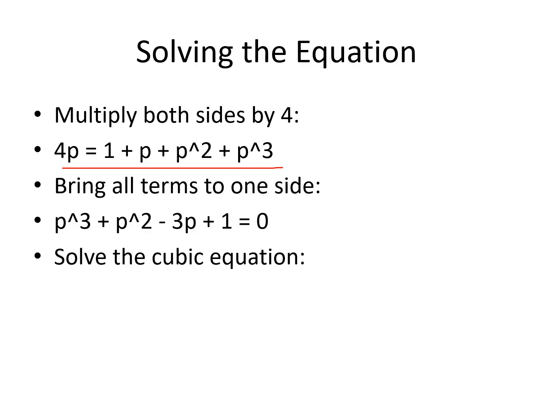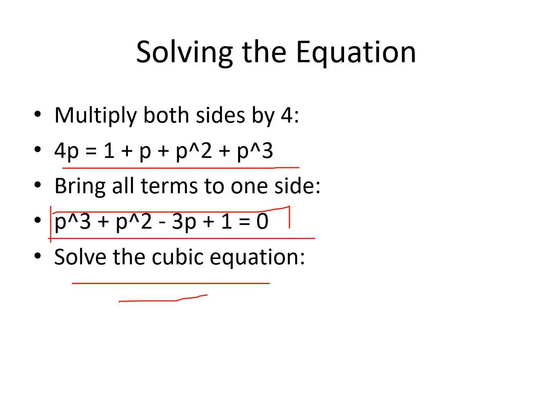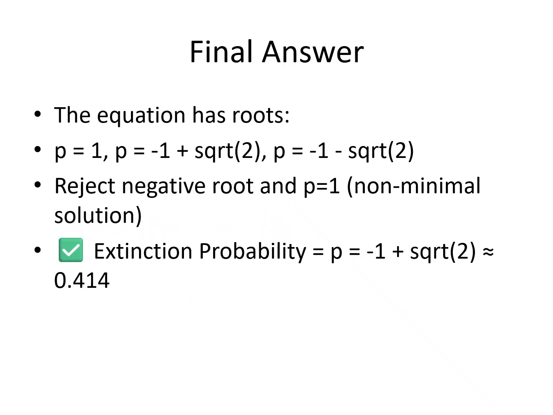So we multiply both sides by 4, bring all terms on one side, we get this equation. We need to find the roots of this equation to find the probability. Solving for the roots of this equation, we find that there are three roots: 1, -1 plus root 2, -1 minus root 2.